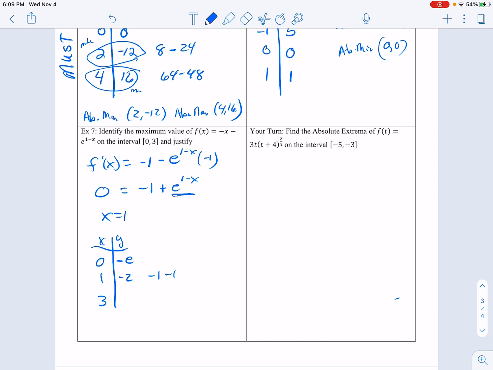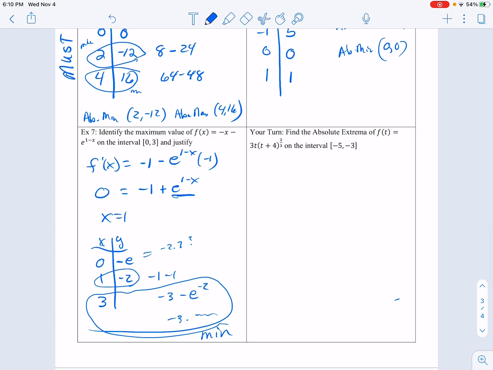And you plug in 3, you get negative 3 minus e to the negative 2. So which one's smallest? Well, this is negative 2.7 something, and this is negative 3 point something. So this is your minimum, okay? And this is your max.